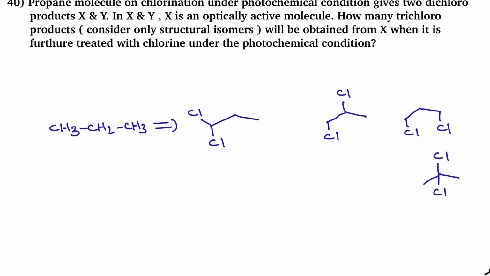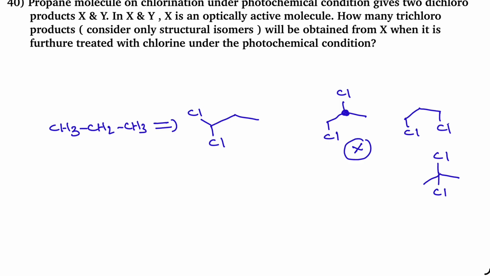Actually we are getting 4, but he is saying 2 dichloro products X and Y. In X and Y, X is optically active. So here this is optically inactive, this is optically inactive, this is optically inactive. So here there is a chiral center. So this is X.